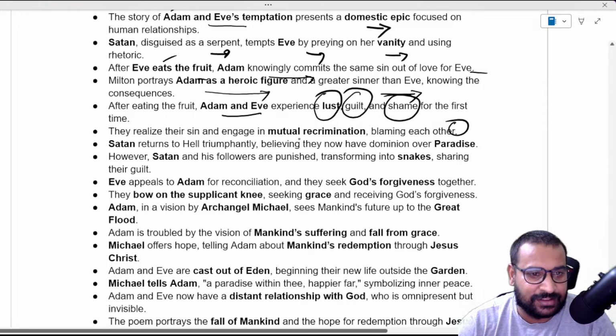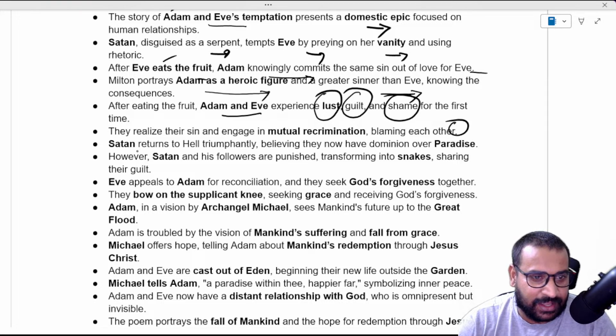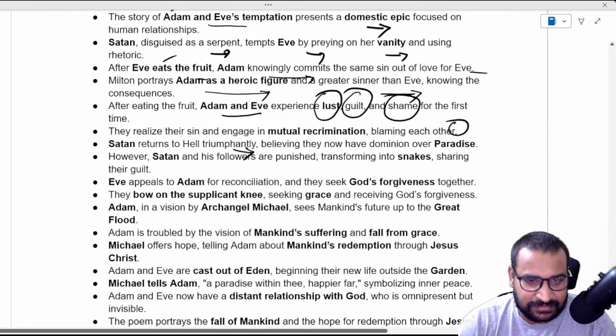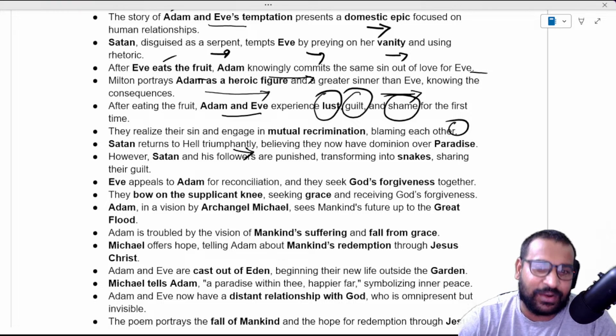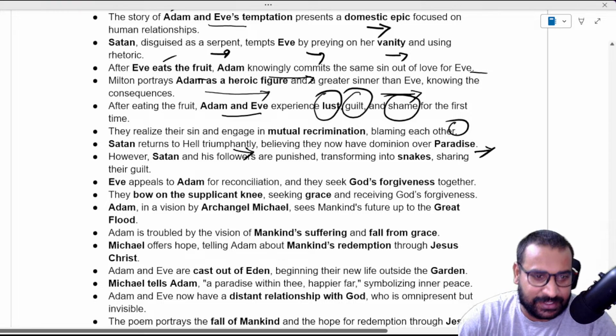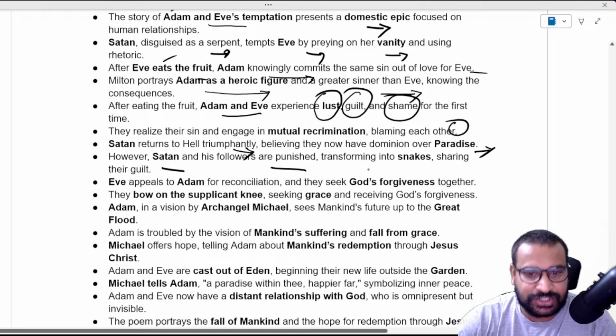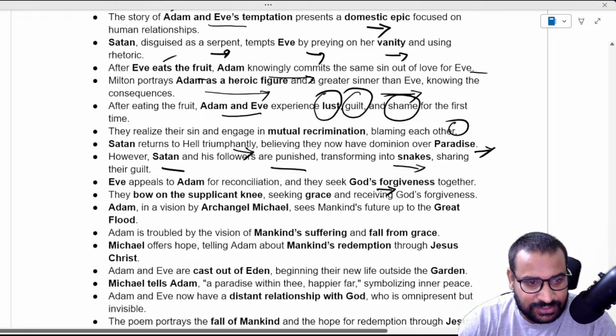Another kind of sin is committed here, and Satan returns to hell, as if with triumph, believing they now have dominion over paradise. However, Satan and his followers are punished, transforming into snakes, all of them.